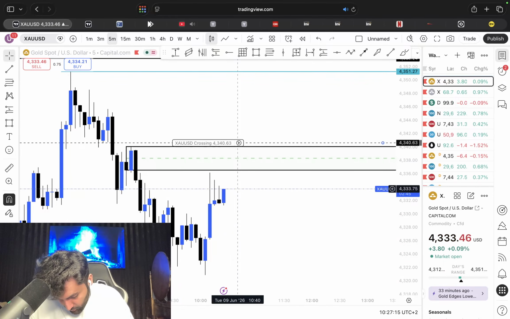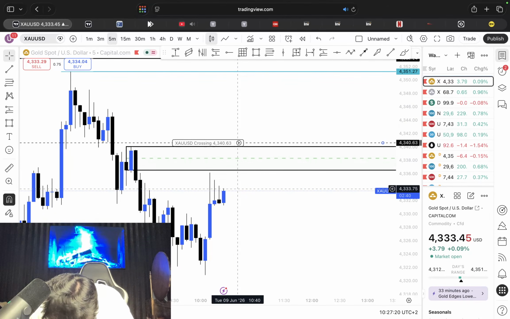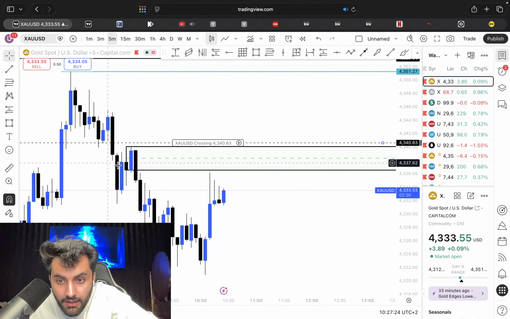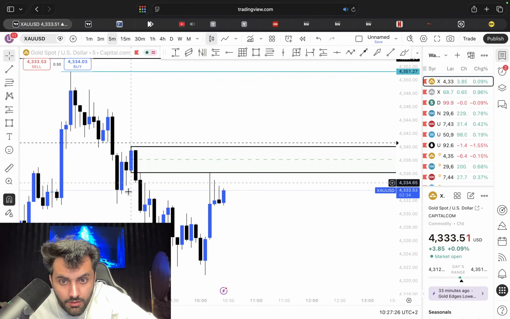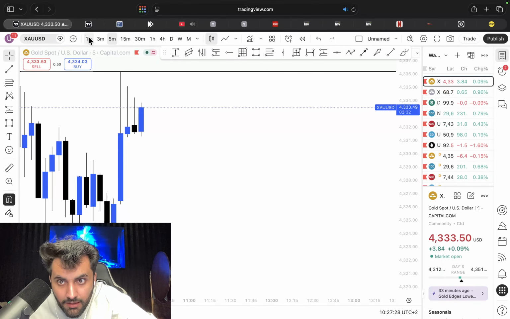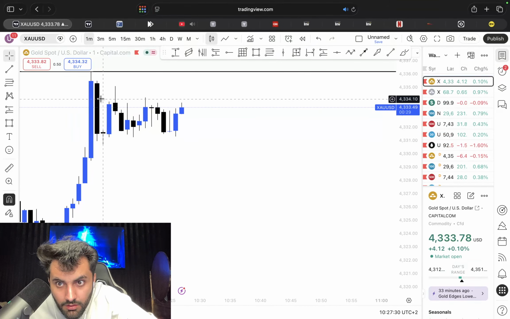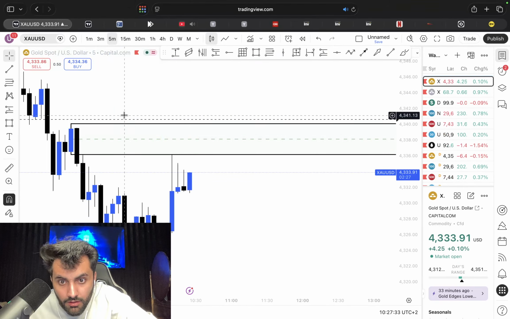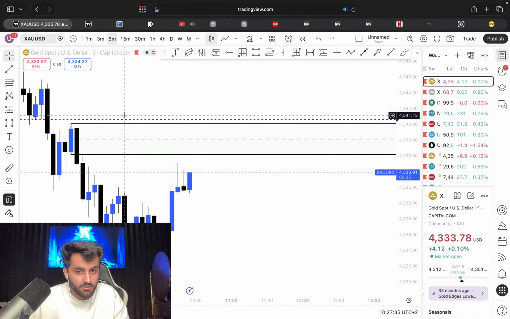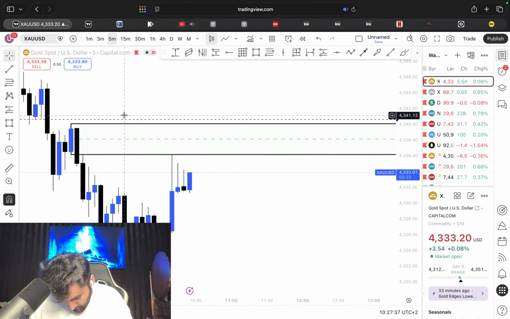If it does come in that order block, even better. Wait, I think we did tap the order block. I don't know. We slightly tapped it, I think. Okay, I just need a break of structure to the downside and we can enter.